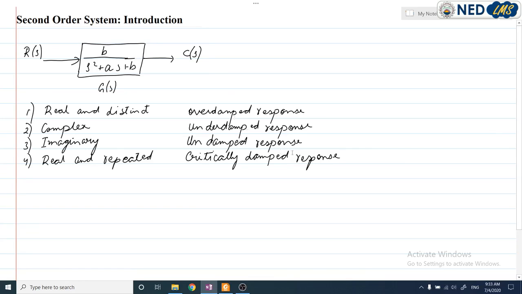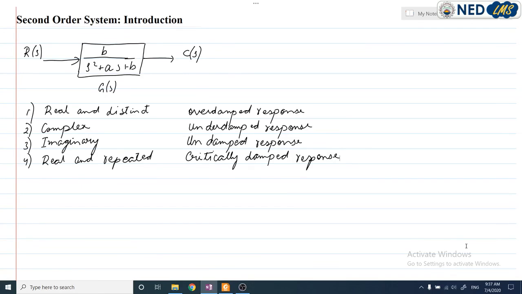Why we gave these names, we will discuss later. Since there are 4 different combinations of roots, each combination will develop a different form of transient response.